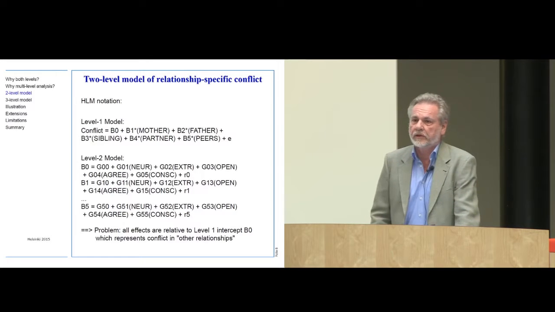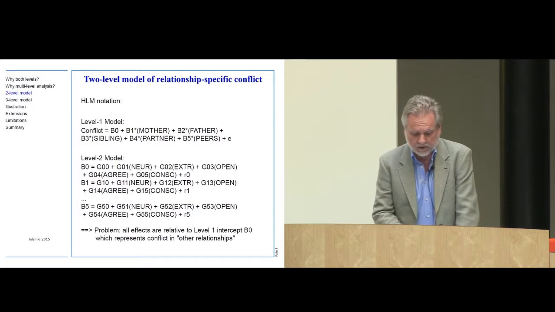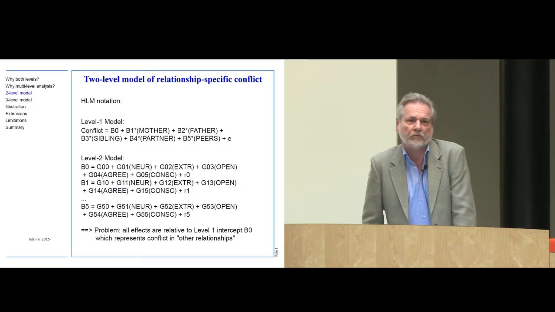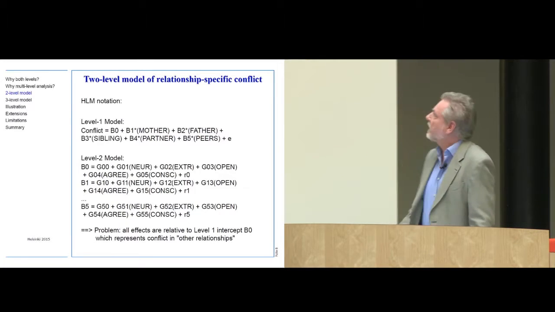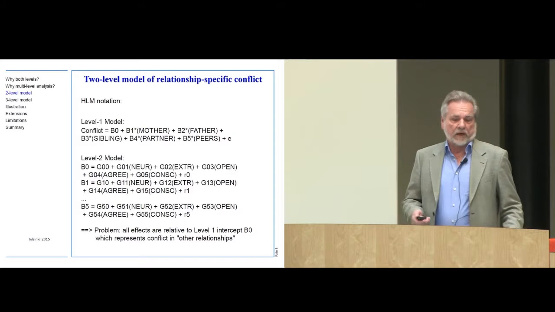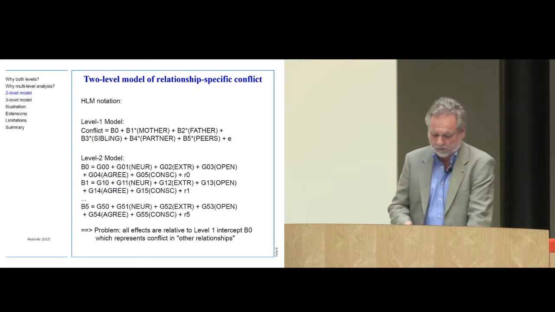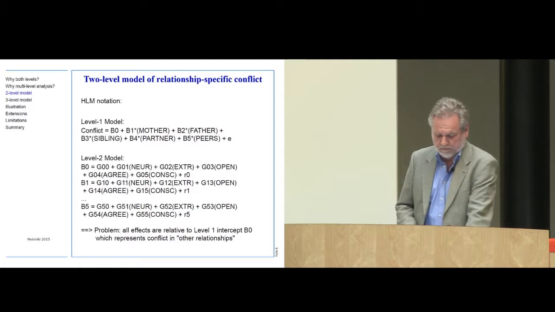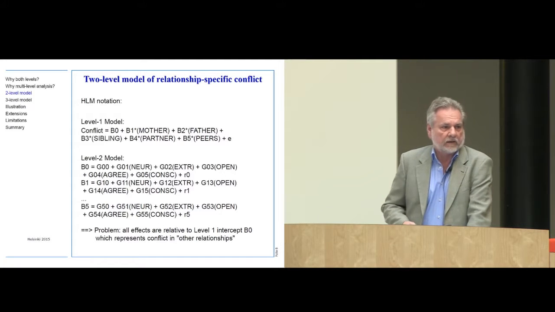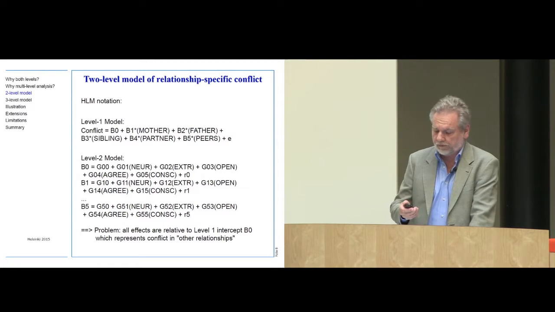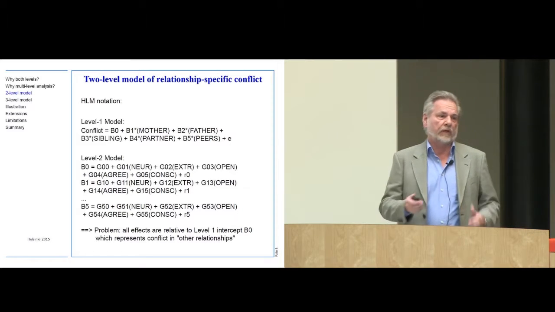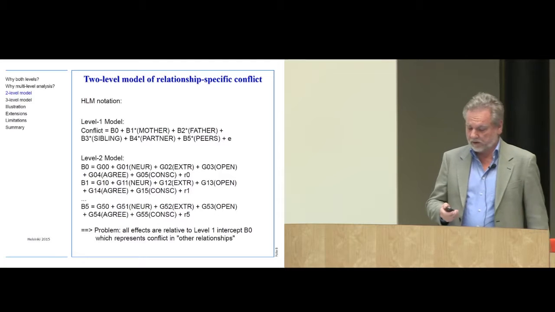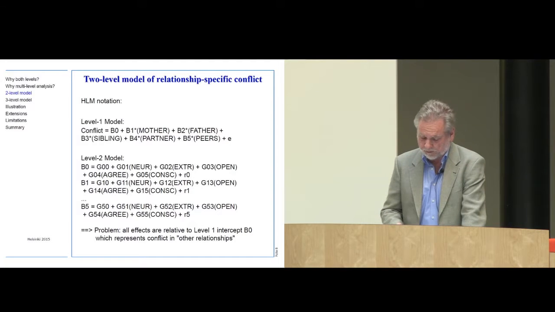If we would include in a model with an intercept also the others, you get an error message because one is redundant. So in a way, the other relationships represent a kind of baseline expectation for conflict. And in this model, you compare the conflict with the mother, then with the conflict in other relationships, and so on.